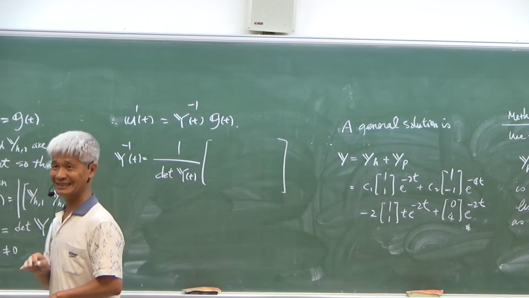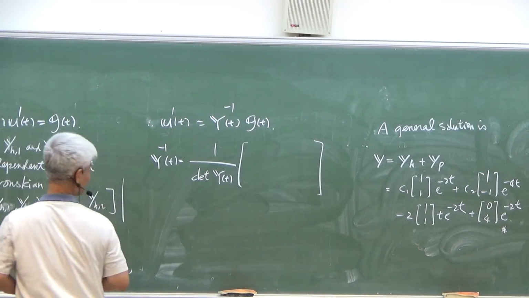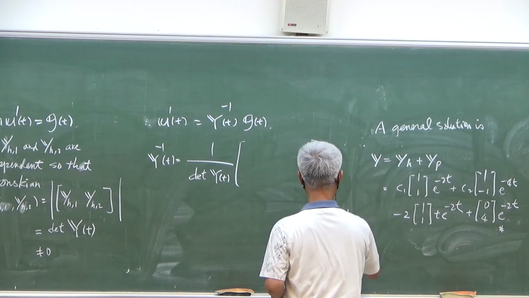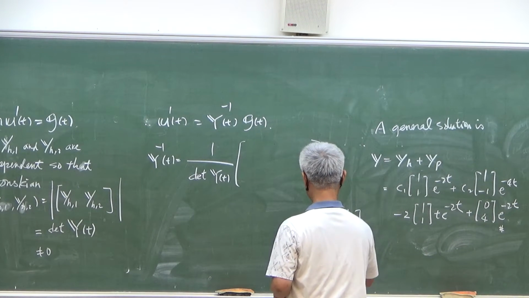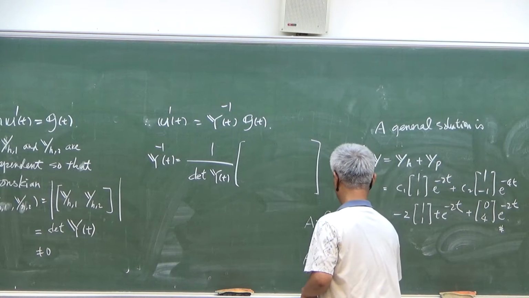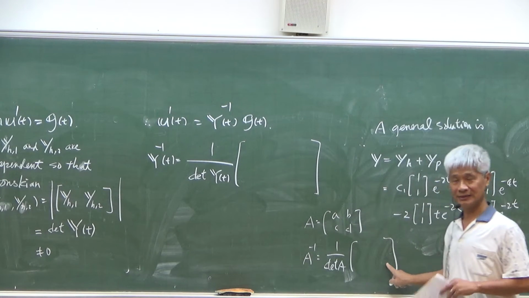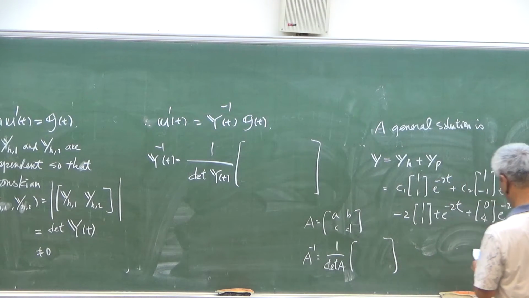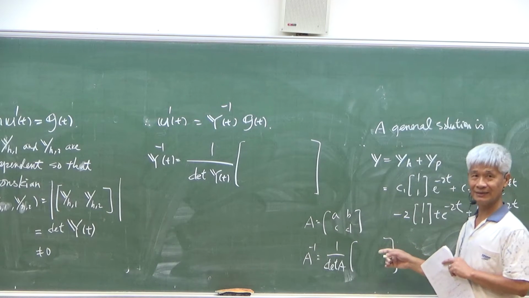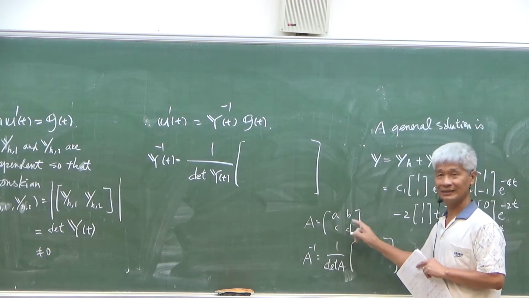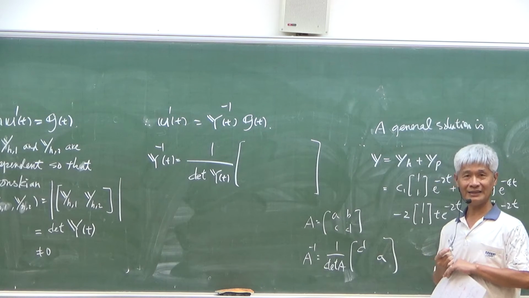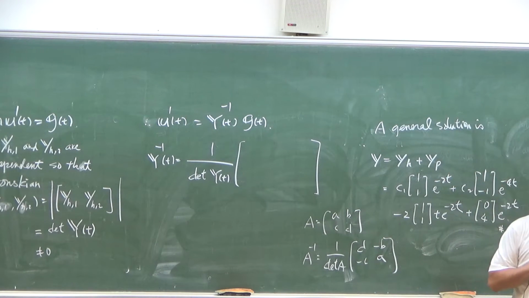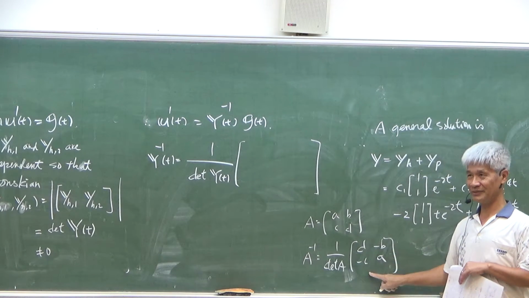You know what is that? If A is a, b, c, d, what is the A inverse? It is one over the determinant of A and what? You should know this from high school, right?